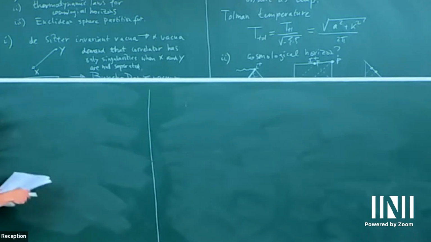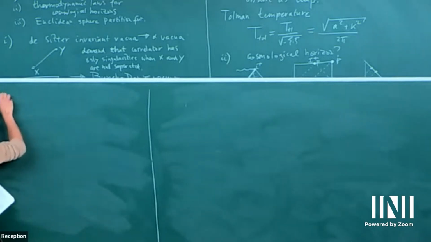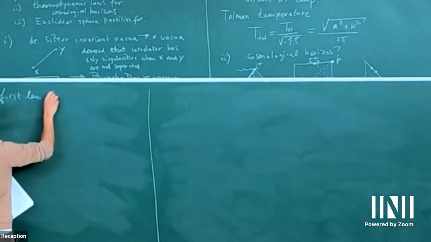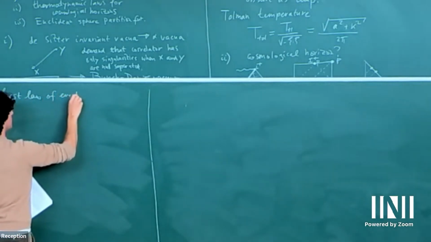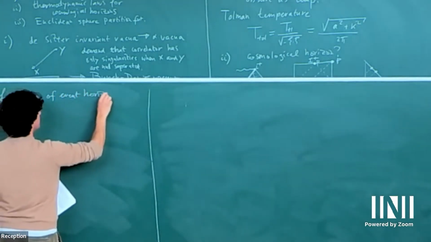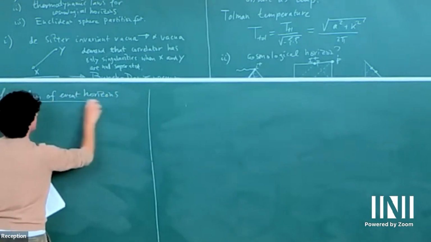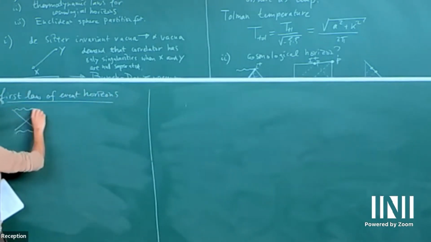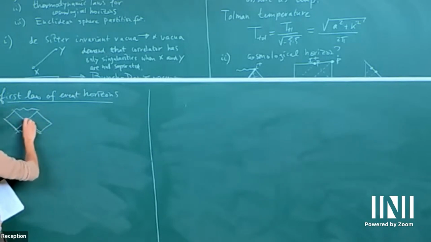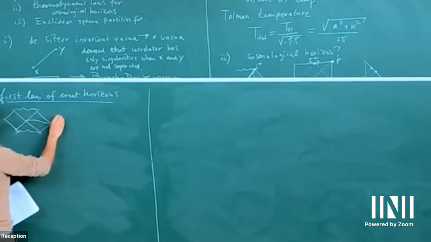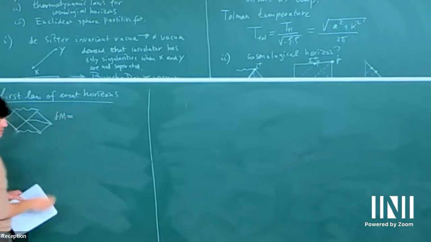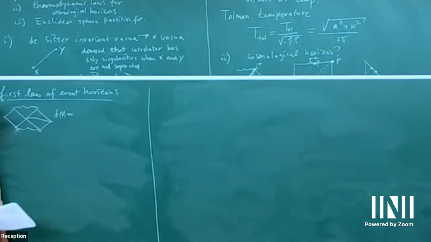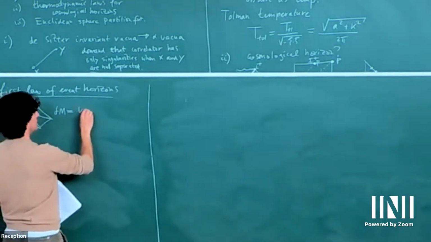So first, if you take a black hole, you take the surface, then you can vary the metric and matter fields. You can write down a first law.